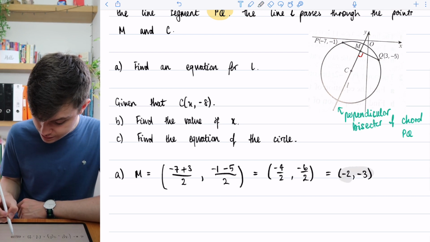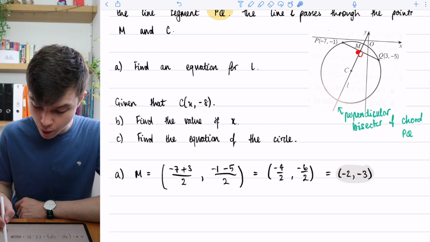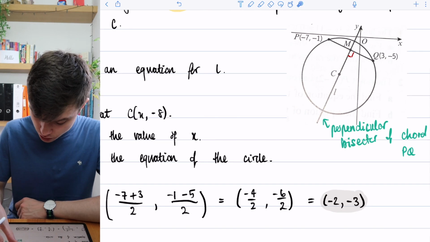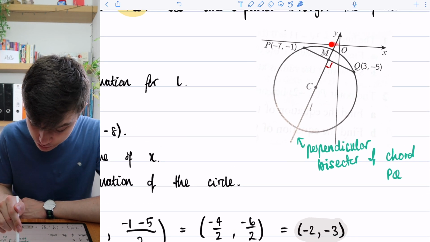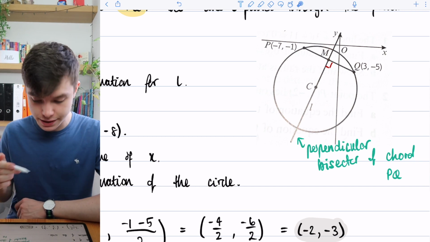That is the coordinate of M. And that makes sense because look where M is: we're going -2 in the x, which is there, and -3 in the y is a little bit further down, here. That makes sense for point M.